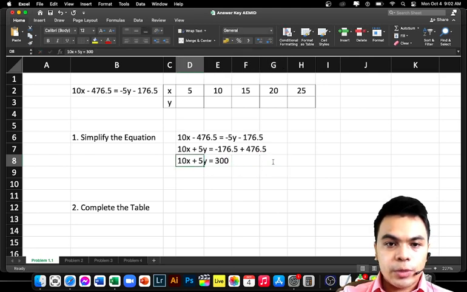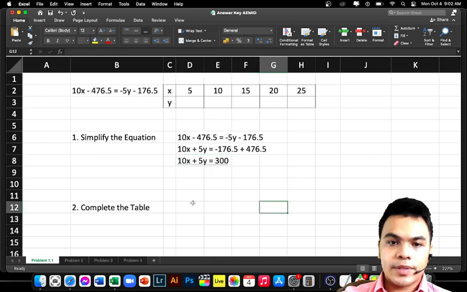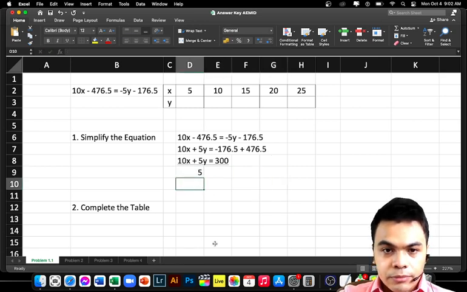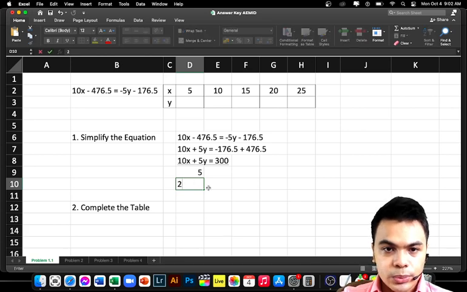Okay? So, can we still simplify it further? Yes. Paano? Let's divide the whole equation sa 5. Kasi 10, 5, and 300 are divisible by 5. So, pwede pa nating simplihan yan. So, divided by 5, we can get the answer na 2. Kasi 10 divided by 5 is 2.